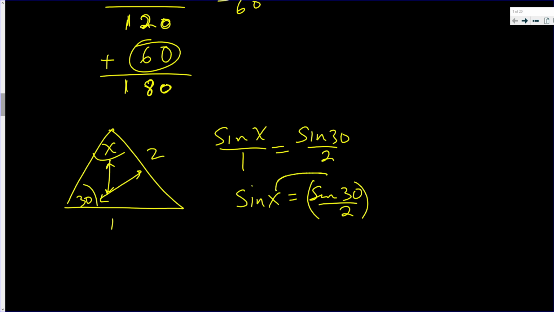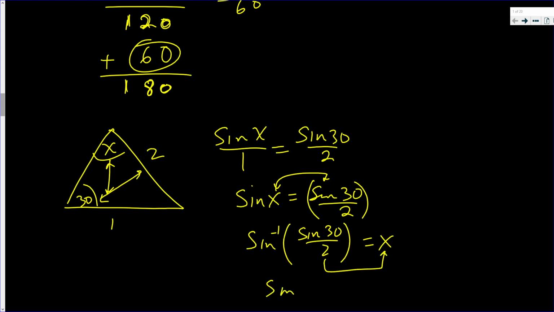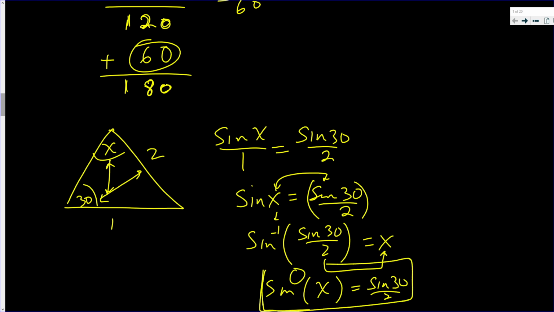Sine of x is a number. If x is an angle, you are allowed to interchange those two, as long as you say inverse. So x is equal to inverse sine of sine 30 over 2. Since it does say inverse, don't say inverse right here. That is, it's just that.